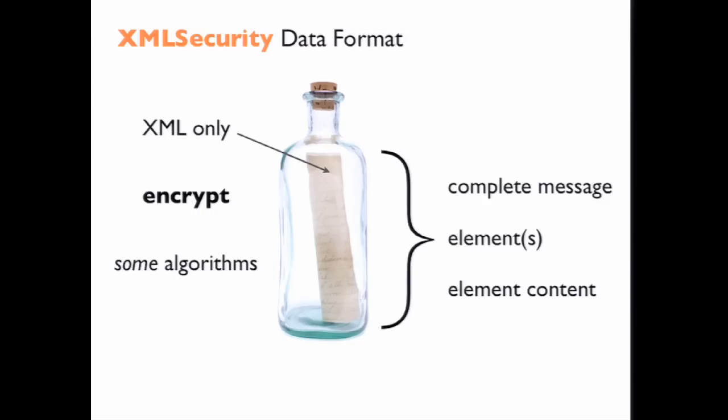You can encrypt different parts of the message using different algorithms, or even using different keys. So you can encrypt one part of the message for service A and one part of the message for service B. And they only have access to their desired parts. This is a really cool feature, which of course requires that you have an XML message and you can provide an XPath expression leading to the element.